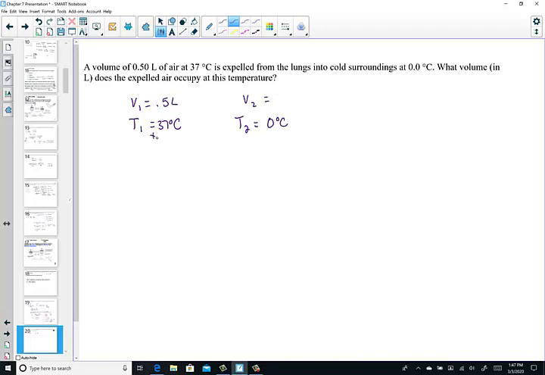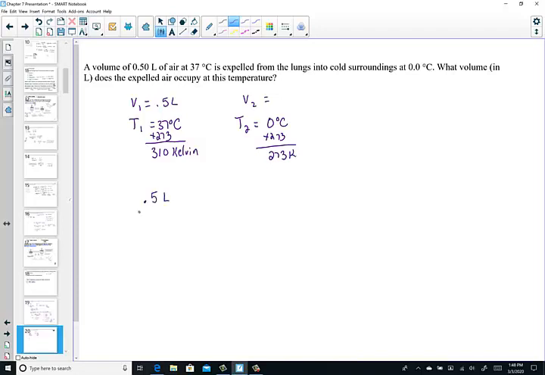So we're just going to remember that anytime we're doing gas law problems, we have to be sure to convert into the Kelvin units. So I'm going to add 273 to both. And T1 now will go in as 310. And T2 ends up to be 273 Kelvin units.